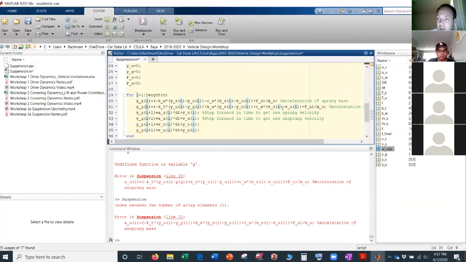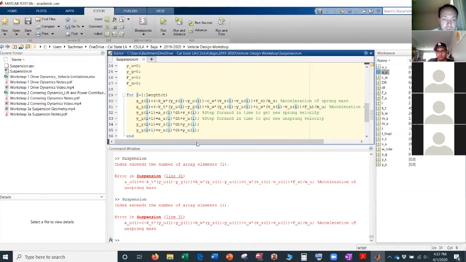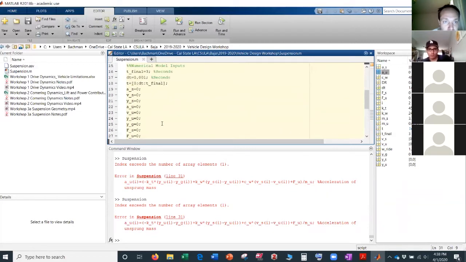So we can see that this one has two values, but this one did not run for the second time. We're just going to call these zeros of length t.